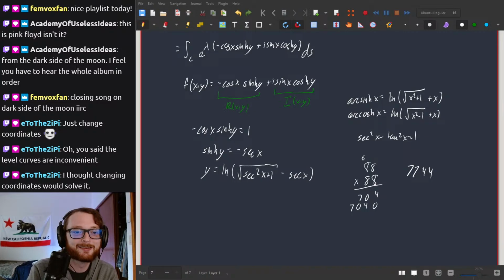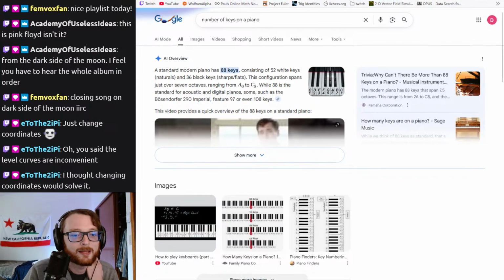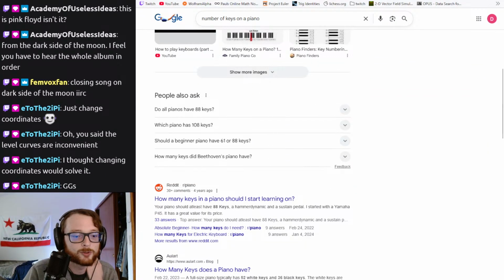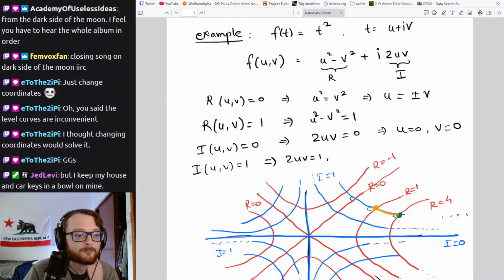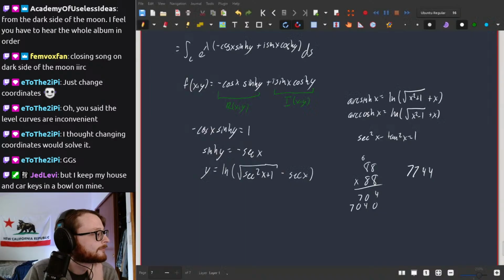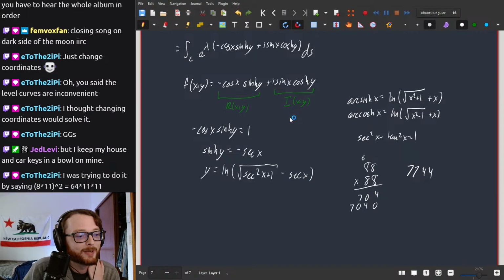Number of keys on a piano. 88 keys. Keep my house and car keys in a bowl on mine.